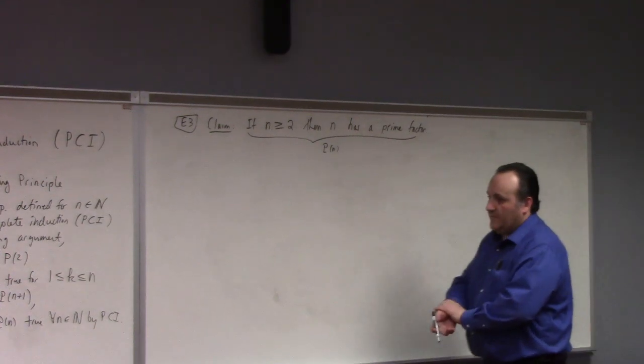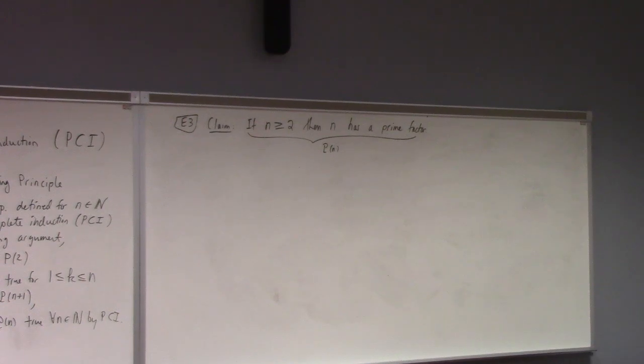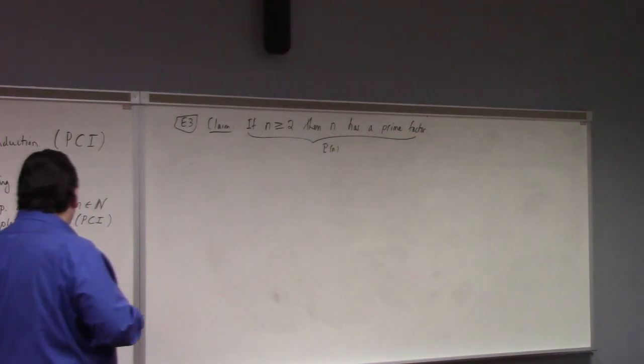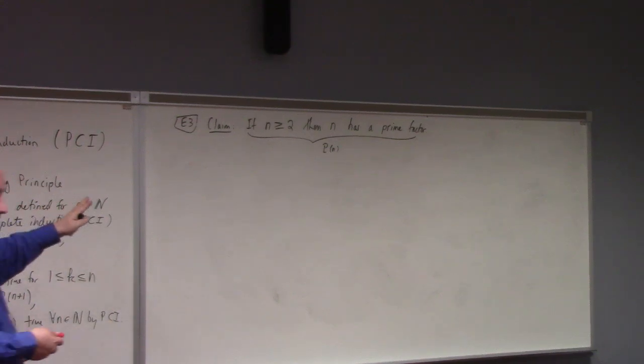So how do I start if I'm going to use complete induction here? Complete induction doesn't have to start at 1. It can start somewhere else, right? So this claim doesn't start at 1, does it? This is a claim that starts at 2, right?